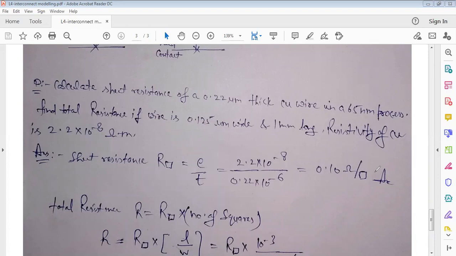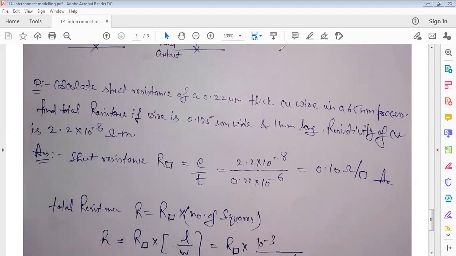Now we need to calculate the overall resistance of the wire. The overall resistance will be R square multiplied by the number of squares. The number of squares is L upon W, which we have already discussed. The length of the wire is 1 mm, and the width of the wire is 0.125 micrometer.